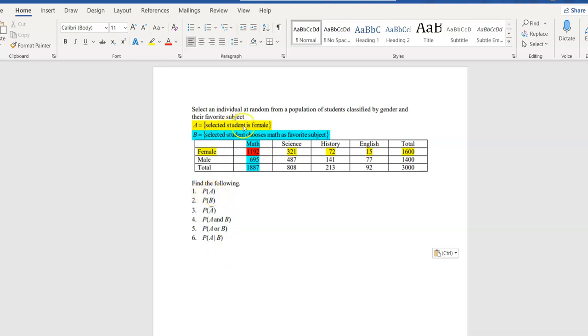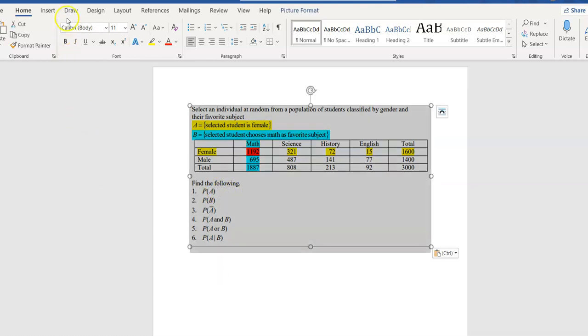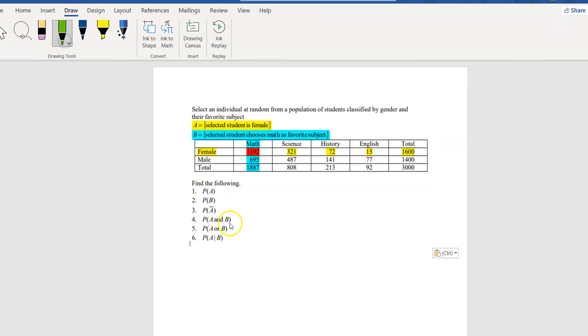The probability of A, the probability that they're females. Well, let's notice that this line of females has a total here. There are 1,600 females total. So the probability of A, I'm going to use my draw feature again, is 1,600 women out of the 3,000 total in the sample. So 1,600 over 3,000.